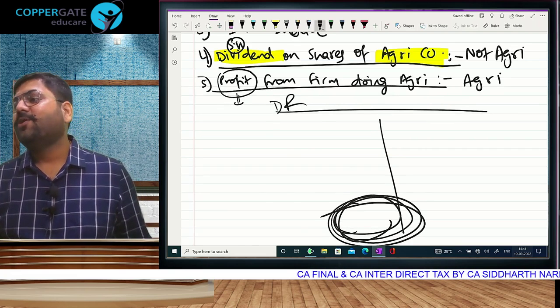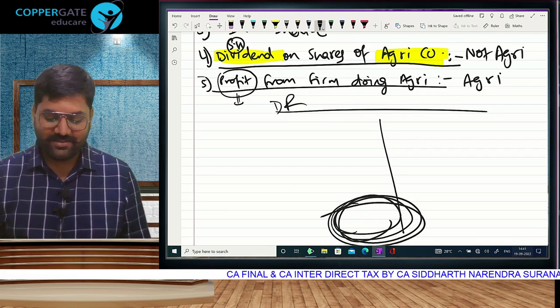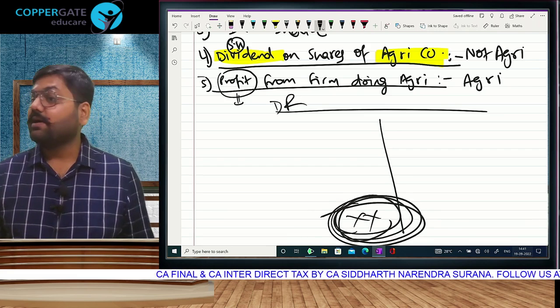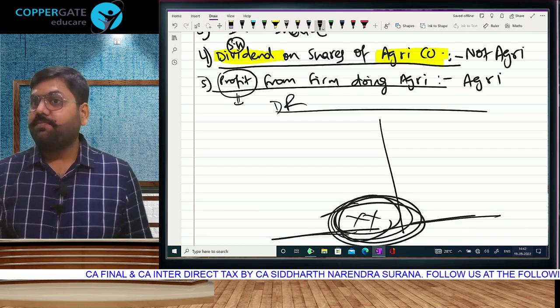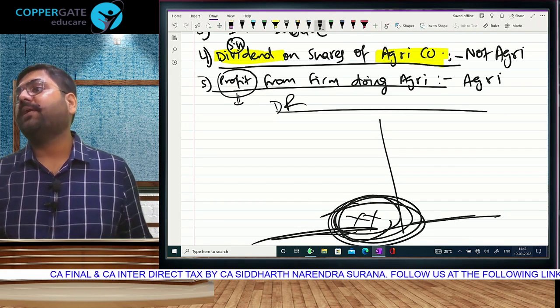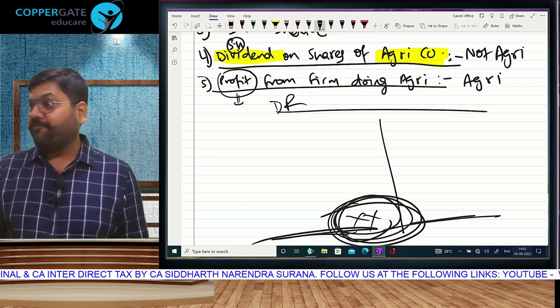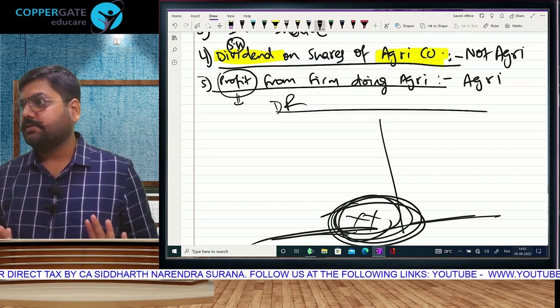Then I found out: opening balance same side, closing balance opposite side. This is the share of profit. Correct? This firm will pay tax. Partner will be getting it but not paying tax. Correct? Whether the firm is doing agriculture or not, this will be exempt because the firm has paid tax.